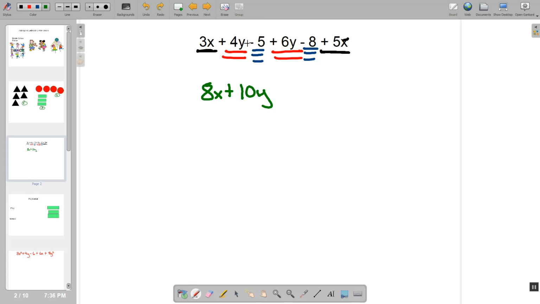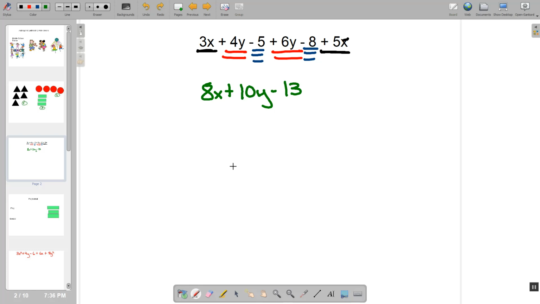Now, the hard part here with the negatives is I want to combine -5 and -8 together, which gives me a combined total of -13. And that's as far as I can combine, because I can't put x's and y's together. I can't put x's and numbers together. So we are fully simplified.